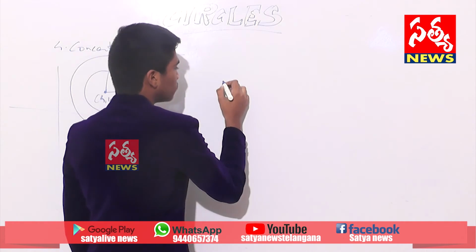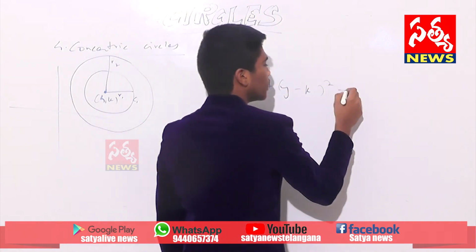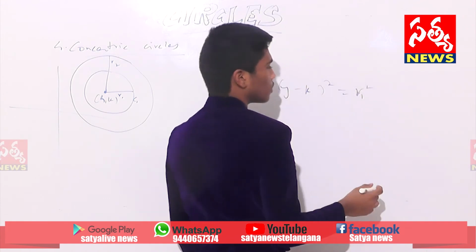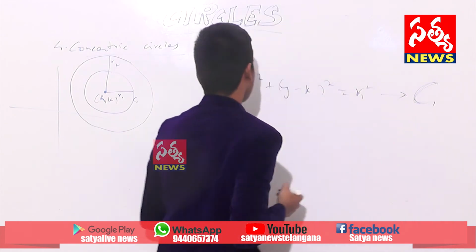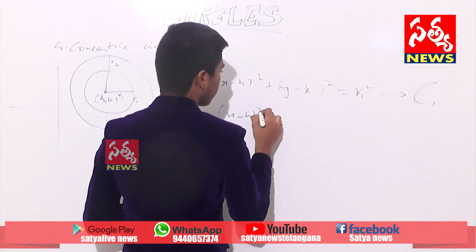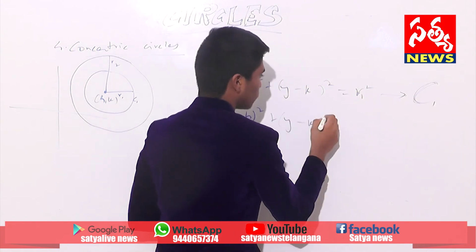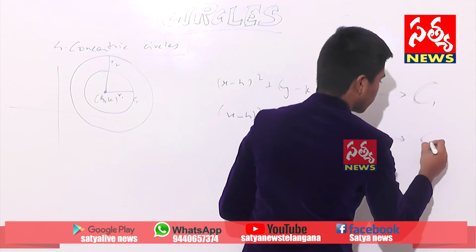Now, x minus h whole square plus y minus k whole square equals R1 square is the equation of circle C1. And the next, x minus h whole square plus y minus k whole square equals R2 square is the equation of circle C2.